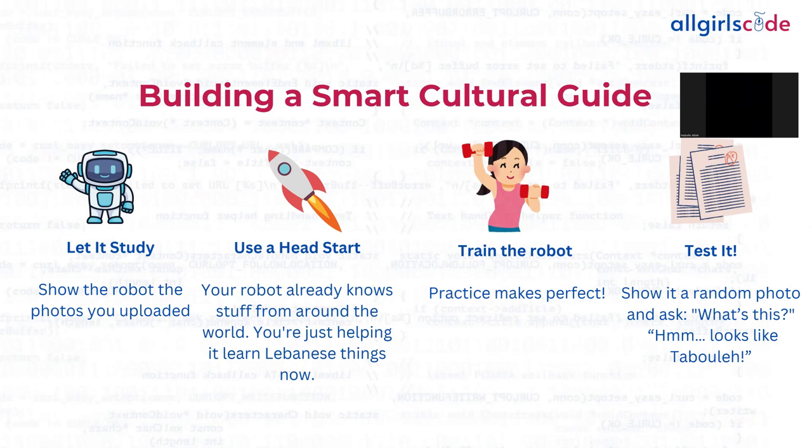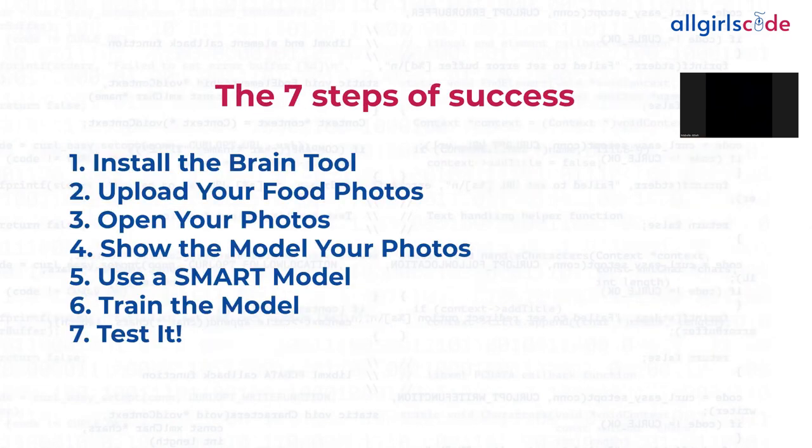Then it can identify the dish. To summarize, the 7 steps of success: installing the brain tool, uploading your food photos, opening your photos, so unzipping the file. Then you show the model your photos, you use a smart model, a model that can actually learn, you train it, and you test it with a photo.